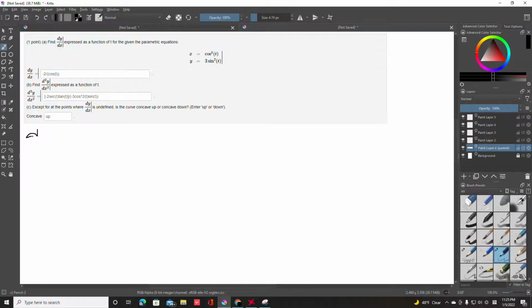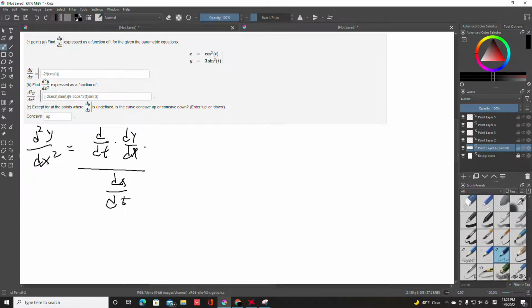So d squared y over dx squared, and you have to memorize this, is equal to d over dt of dy over dx, over dx over dt. And as you can see, if you do the algebra and cross things out, this equals the second derivative.